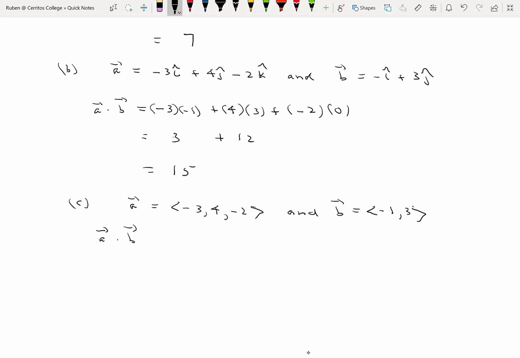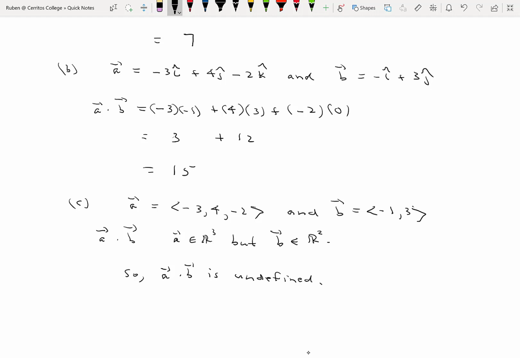So the vector A is an element of R3, but B is a vector in R2. So A dot B is undefined.